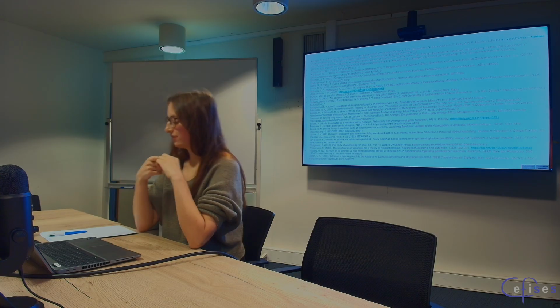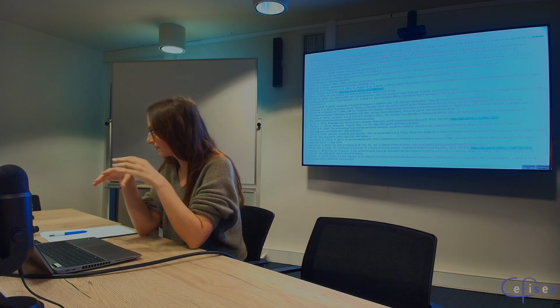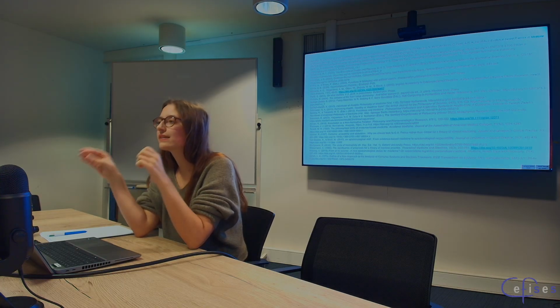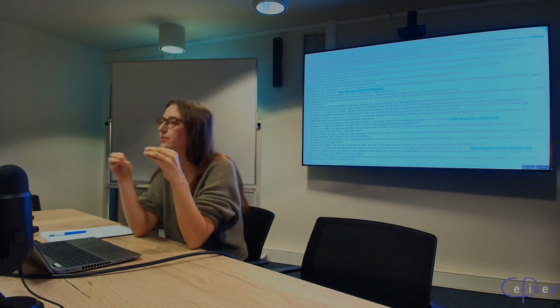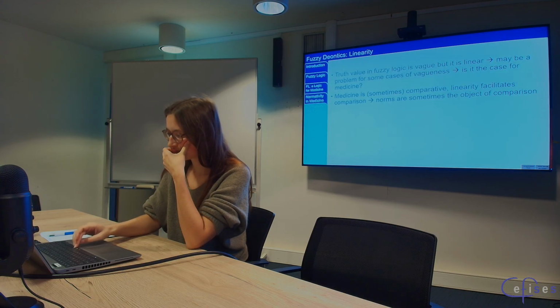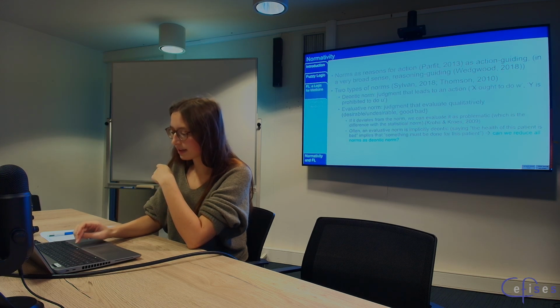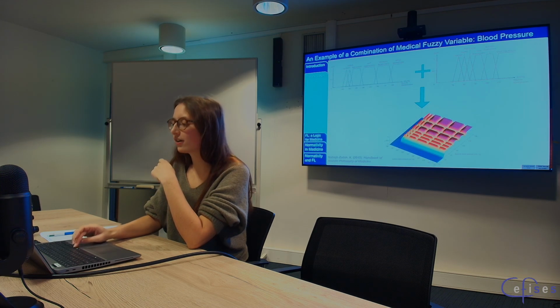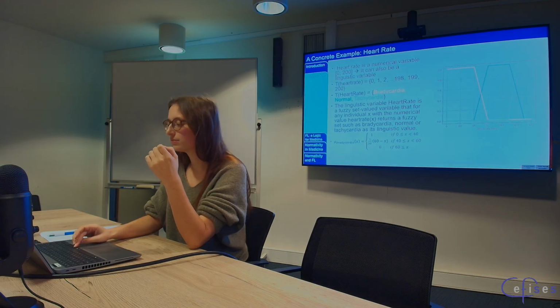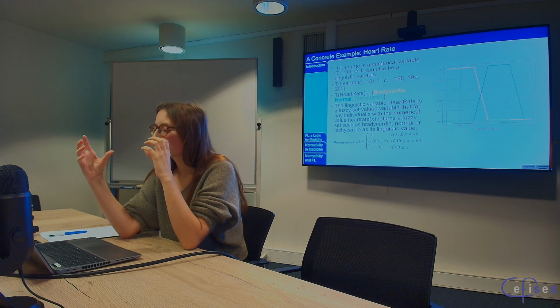There's one big difference between fuzzy logic and statistical inference, probabilistic logic. It's the fact that the membership degree is not a degree of probability. For example, if I take the example of heart rate, it's not the probability of having bradycardia.